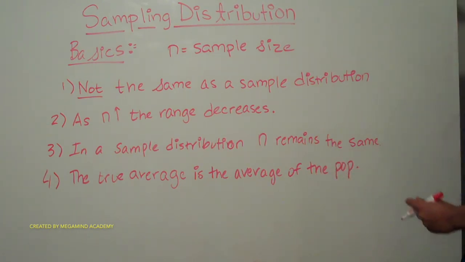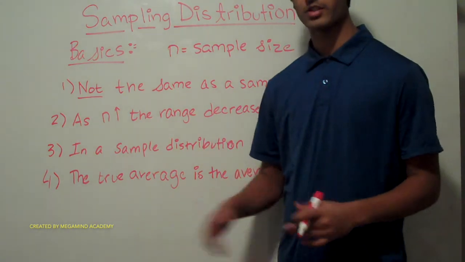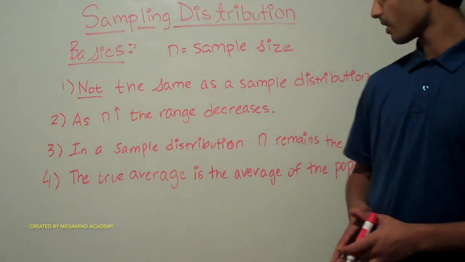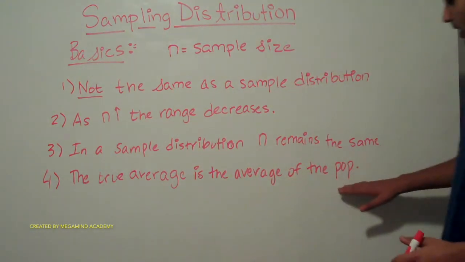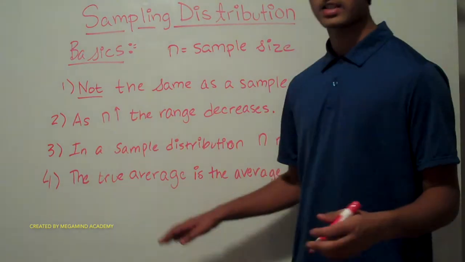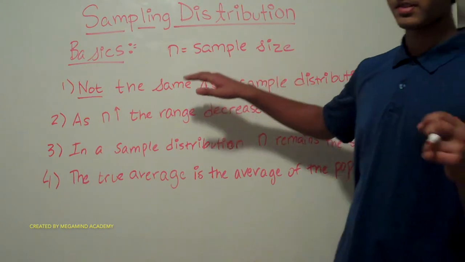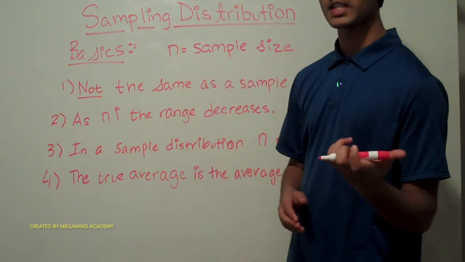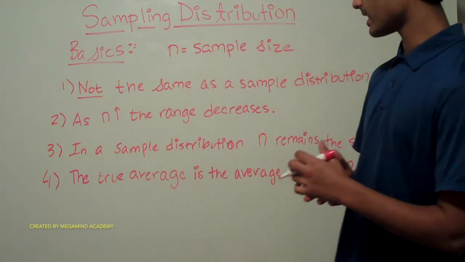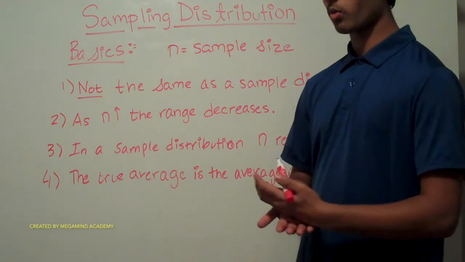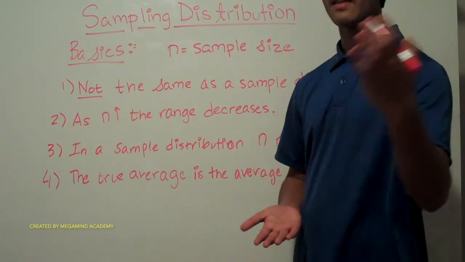So basically this is just saying that the actual average on our histogram is going to be the average of the population. We can do this by having n equal the population size. If the sample size is equal to the population size, then we'll get the same average for everything.